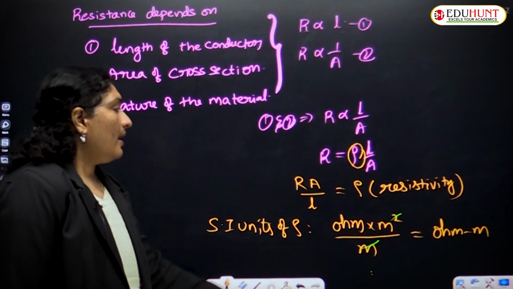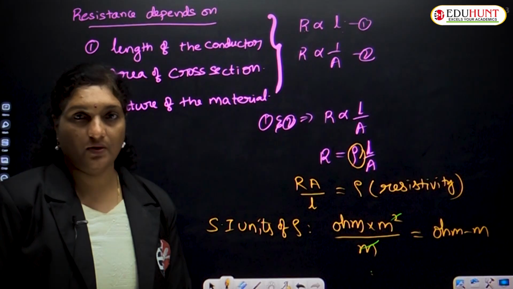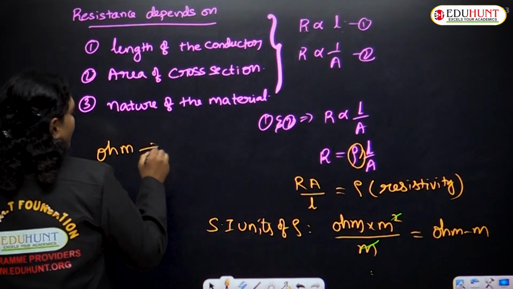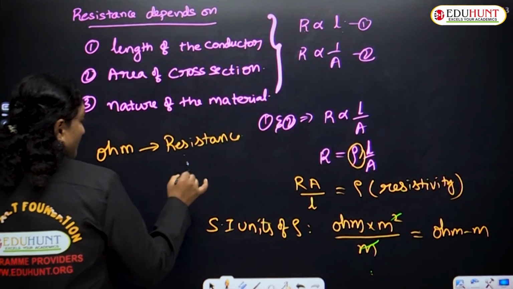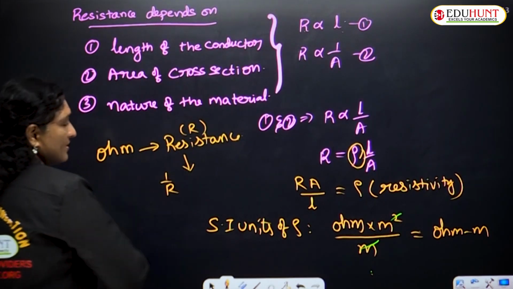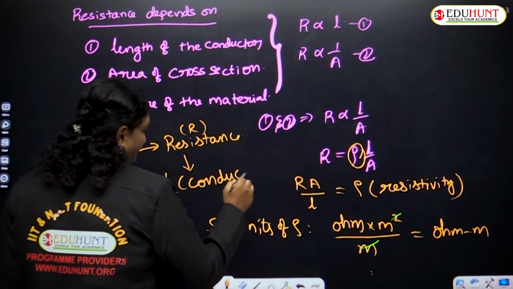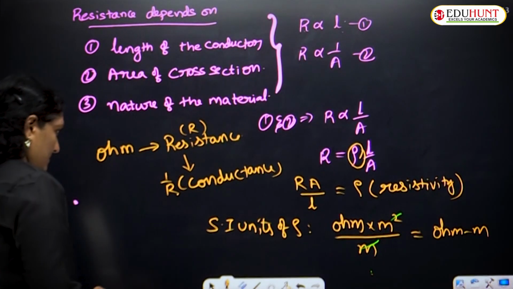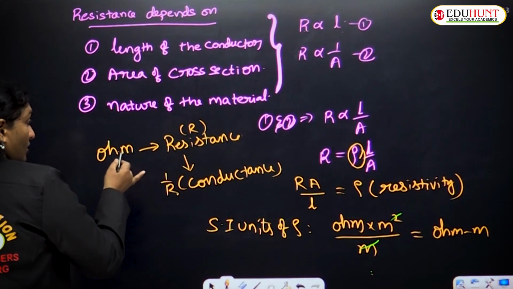Is that clear? And the reciprocal of resistance is also called your conductance. Okay, children? Well, if ohm is the unit for resistance, then the reciprocal of resistance is 1 by R. This is called conductance. So, the unit will also be the reciprocal.